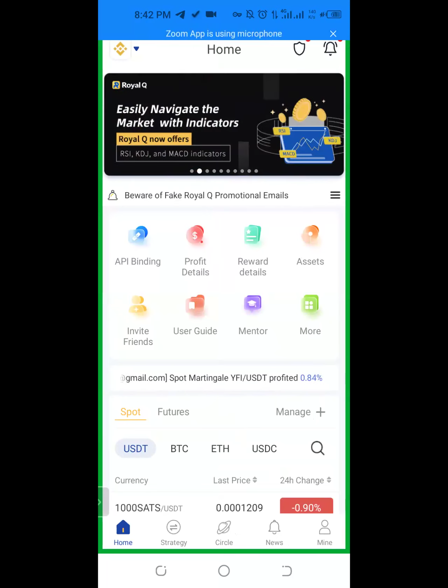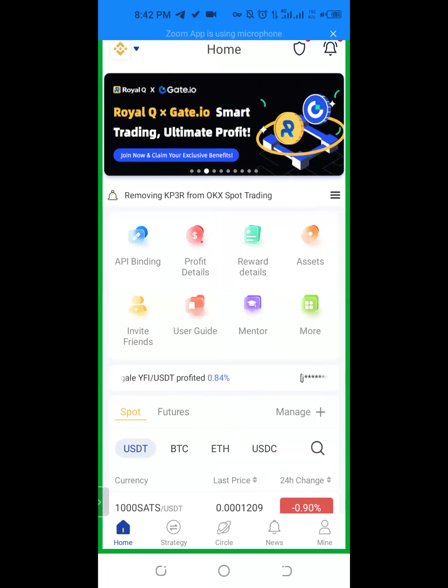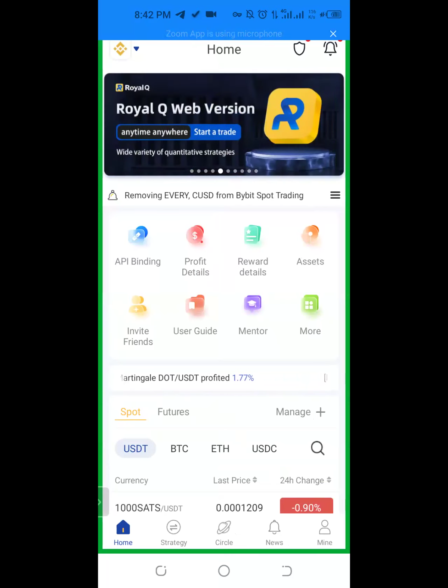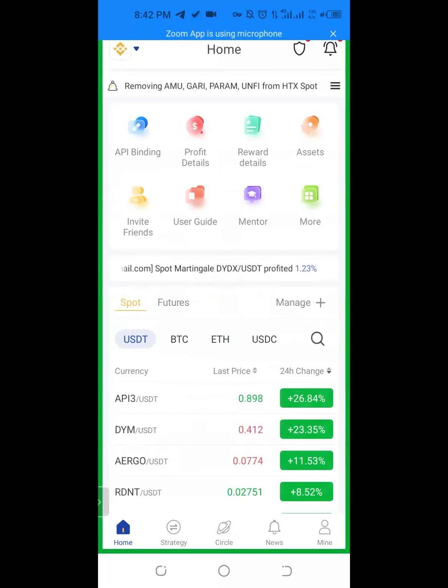A lot of people misused that strategy and they are stuck in their trade. So you need to really understand any idea, any strategy that I share, so that you will not use it wrongly and it will not go against you.